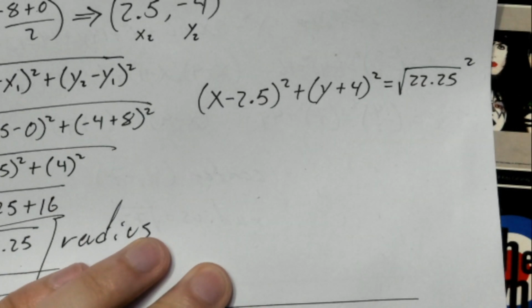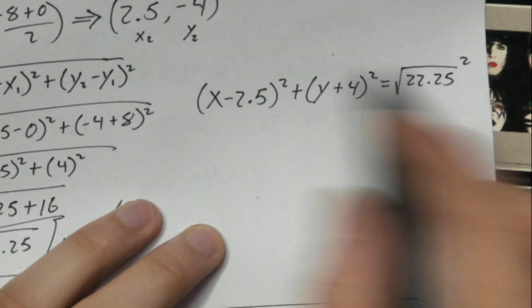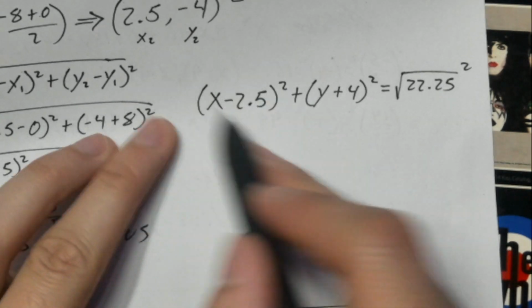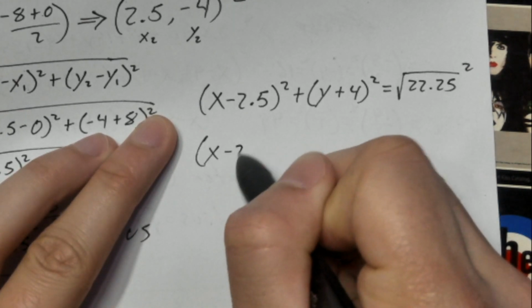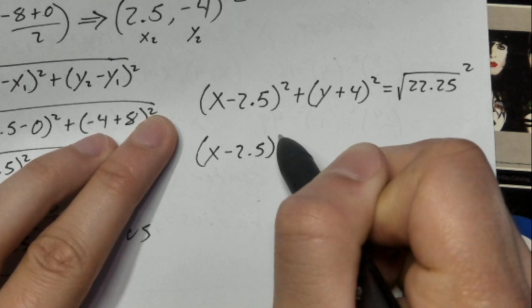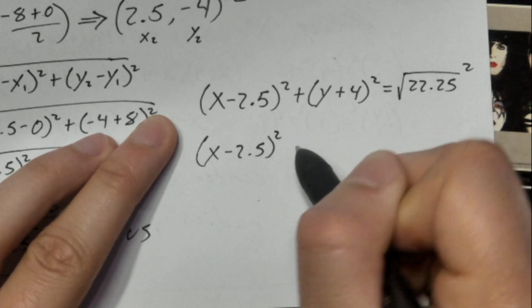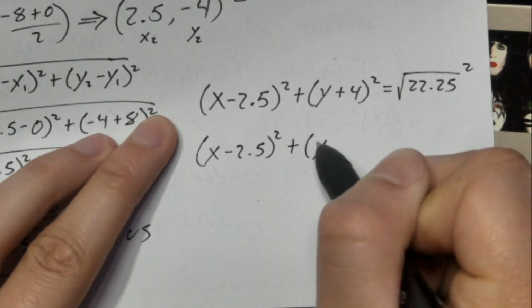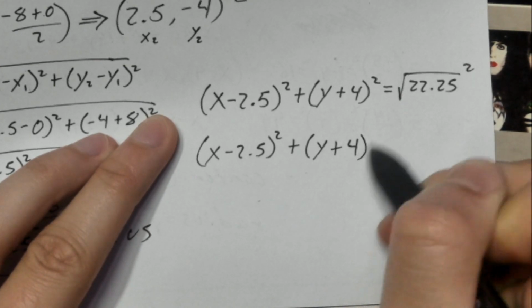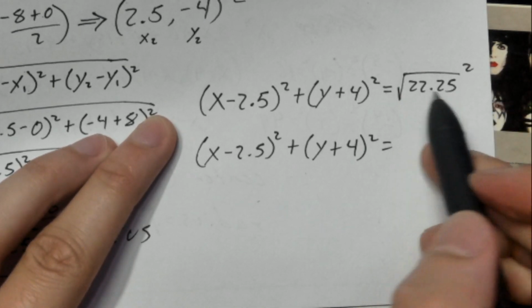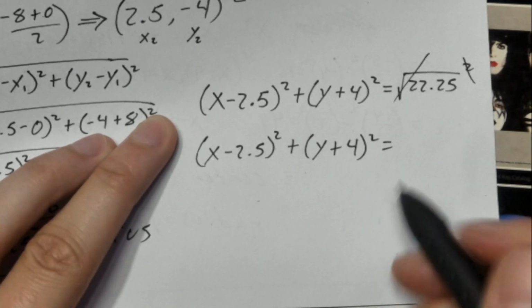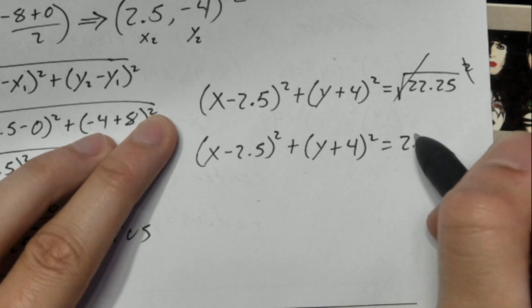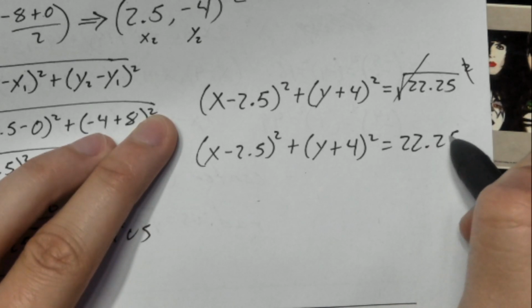Here's the nice thing about this, is that this thing actually simplifies. Nothing is going to happen to this part over here. Now this part over here, the squared cancels out with the square root, and you're just left with 22.25.